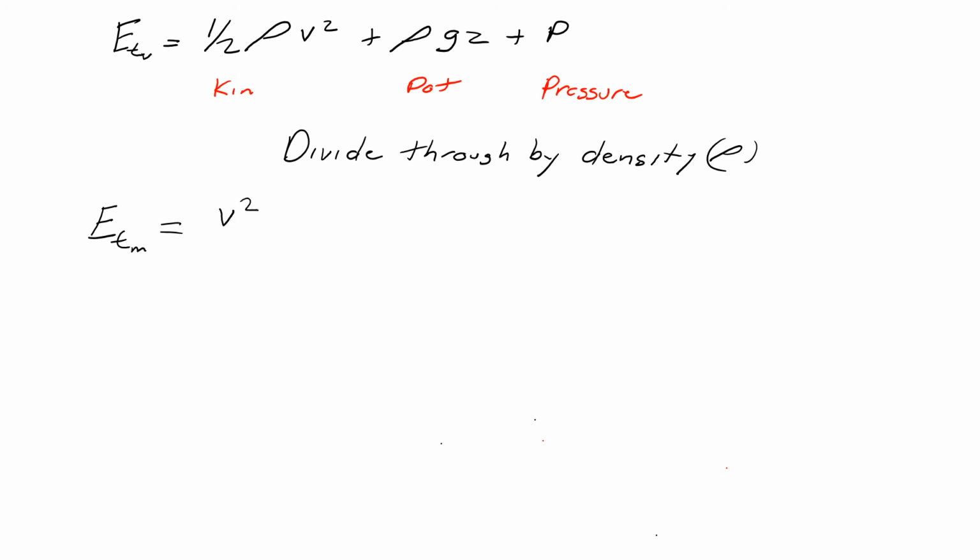Density cancels out, right? So we're left with v squared over 2. Plus our next term. If you divide through by density, density cancels out, you get gz. And your pressure term is going to be just pressure over density.